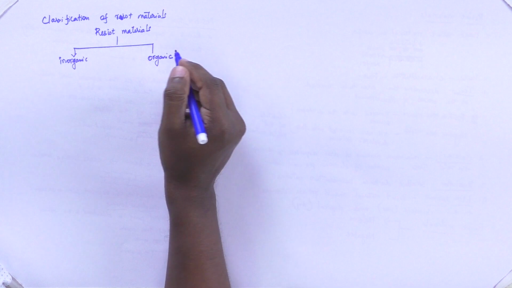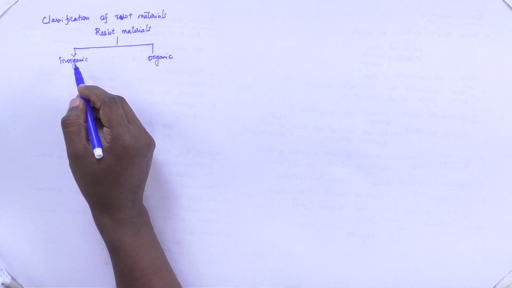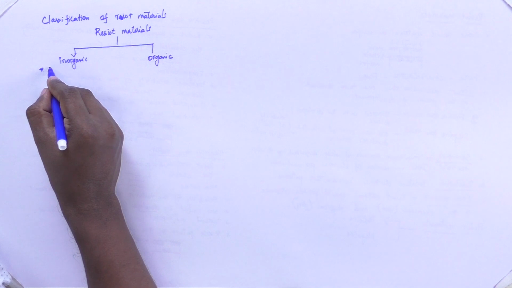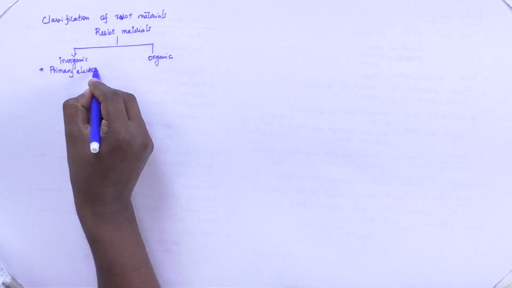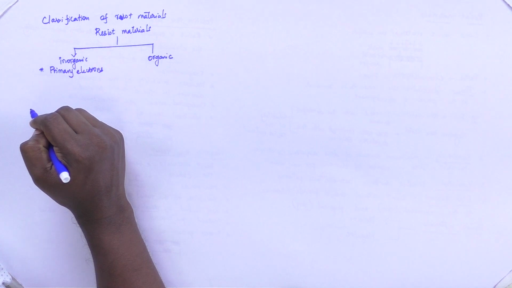Organic is nothing but hydrocarbons, and inorganic is the rest of the elements in the periodic table. Whenever you have an inorganic resist material, you need to pass only the primary electrons. The primary electrons will make all changes on the resist material.